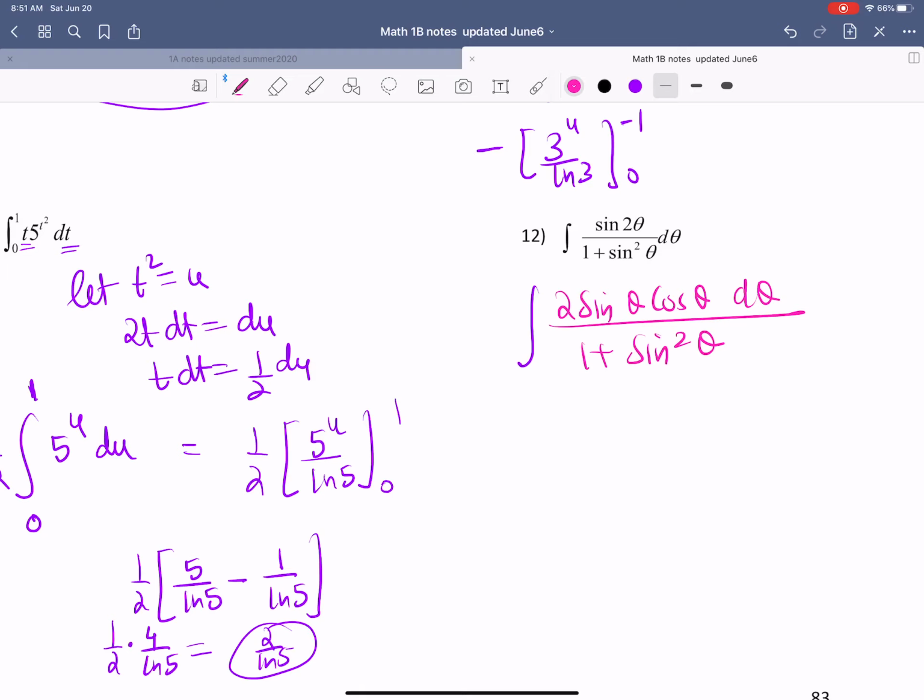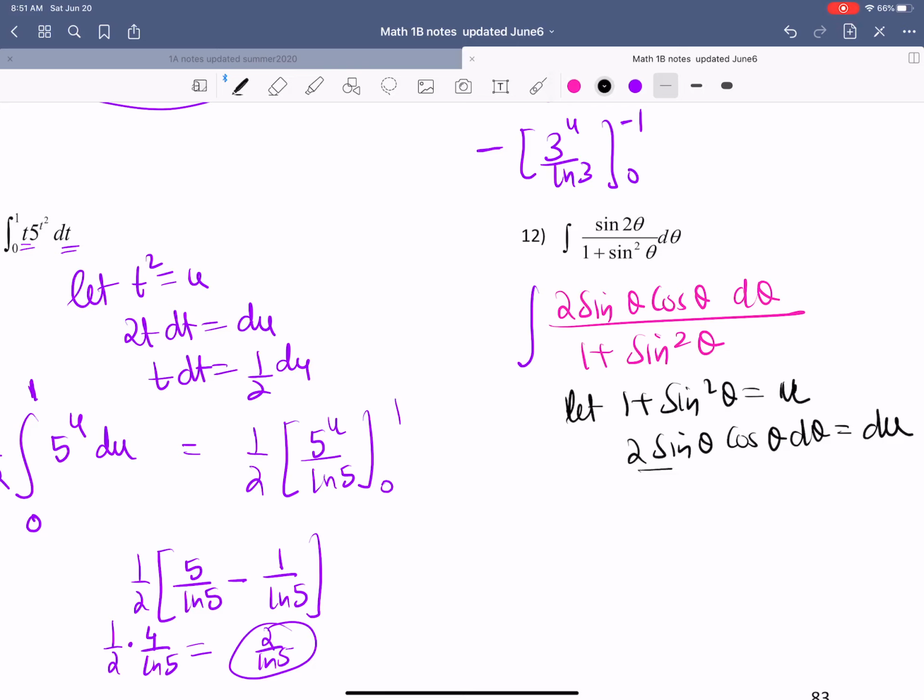Now I'm going to let 1 plus sine squared theta be u, and 2 sine theta cos theta d theta be du.